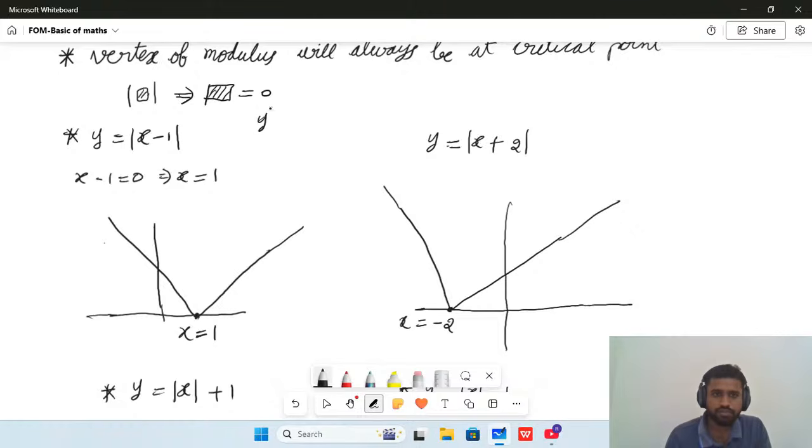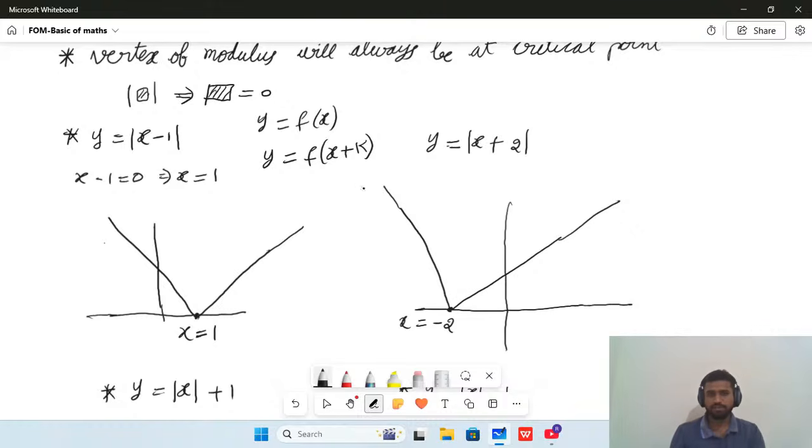What will happen if we add some constant k to the x? If we add some constant to the value of x, the graph moves to the left side.